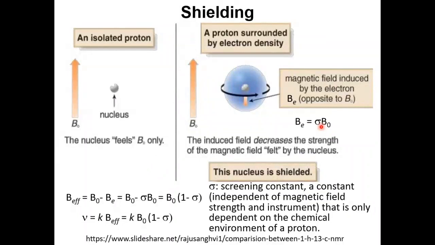So if you look at it, the effective field of a proton is B0 minus BE, equal to B0 minus sigma B0, equal to B0 times (1 minus sigma). And then the resonance frequency, we know, is proportional to the magnetic field. K is just a proportionality constant, so it equals K times B0 times (1 minus sigma). Okay. So the resonance frequency of a proton is directly related to its screening constant.